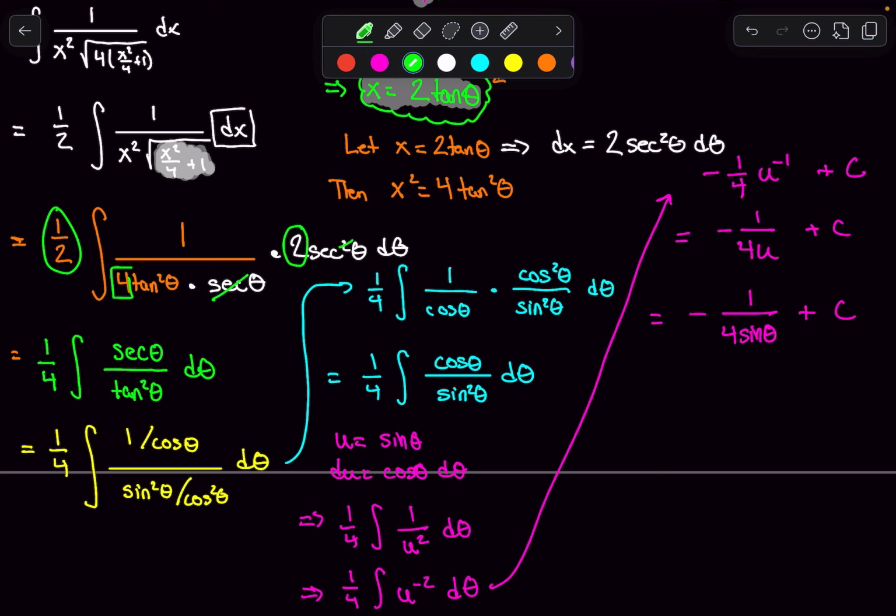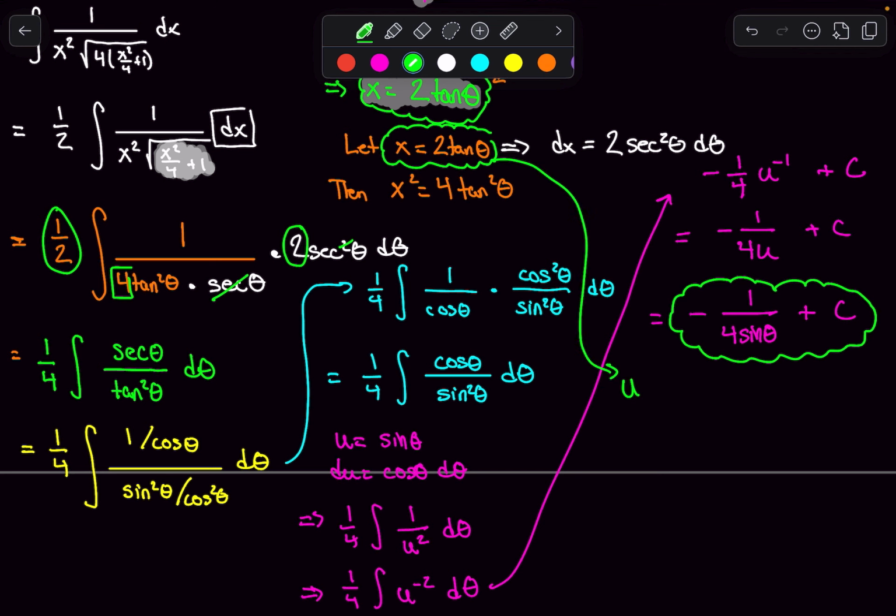Now we just need to go back to x-land. We're stuck in the same thing we were in before: here's my answer solved in terms of theta, so how do I get back to x-land completely? We can use the fact that we chose the substitution x equals 2 tangent theta, which implies that x over 2 is equal to tangent theta.